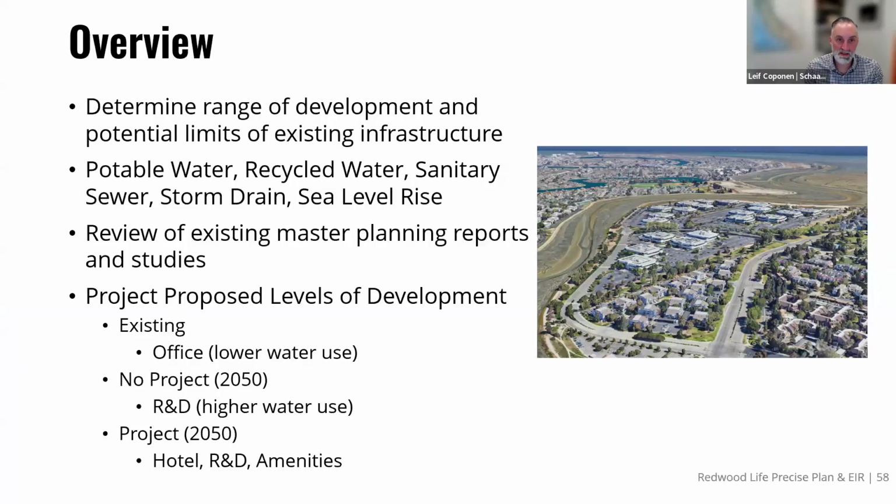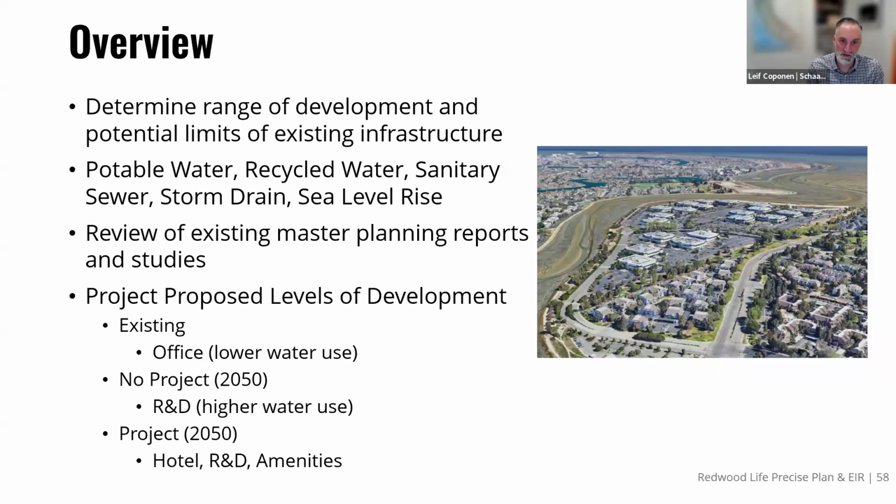So the purpose of our sensitivity analysis is to look at the range of development intensities in the project area and identify limits of the existing wet utility infrastructure. This analysis is an initial review of information, existing reports and studies, and no detailed computer modeling is done at this point in time.